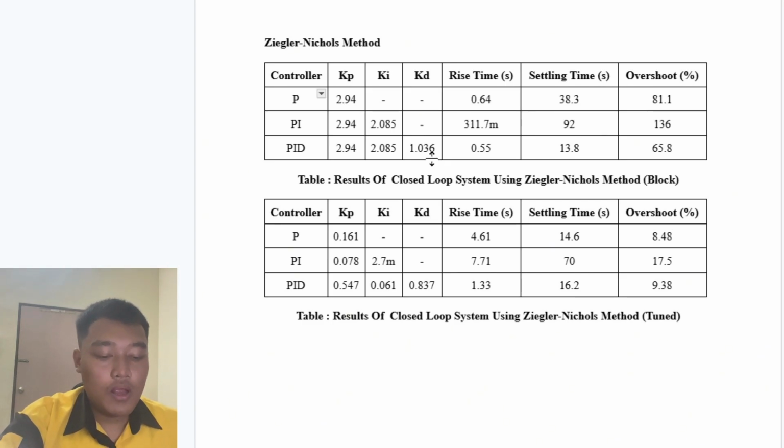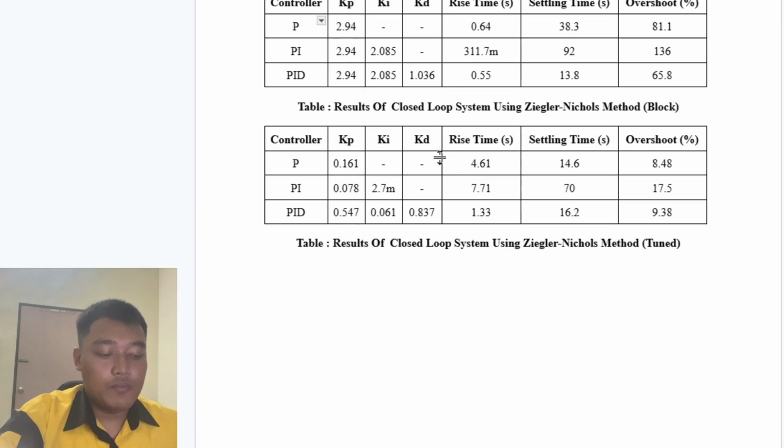In the second table, the closed loop system results demonstrate improvement in the performance. The P controller achieved minimum overshoot at 8.48% and a short settling time of 40.6 seconds.